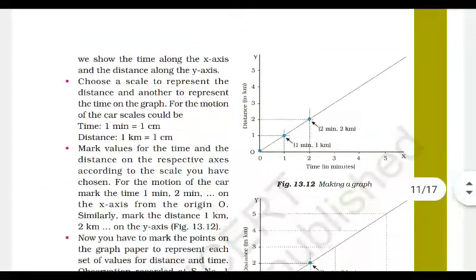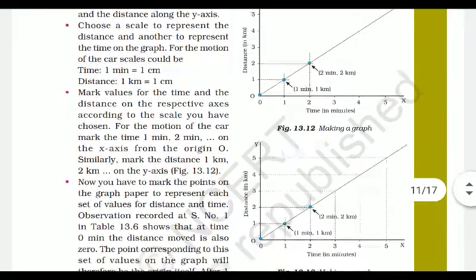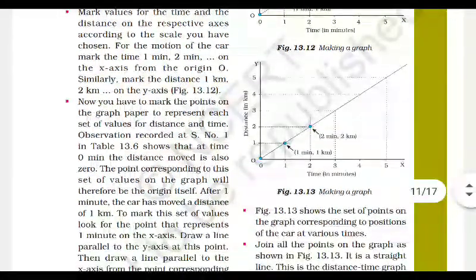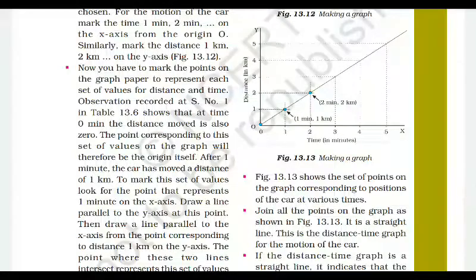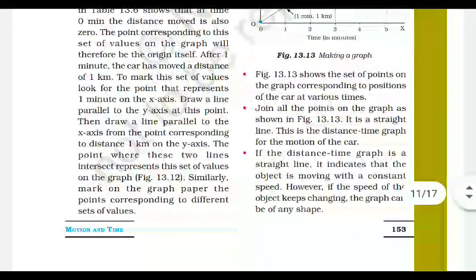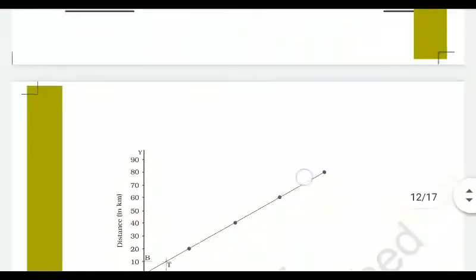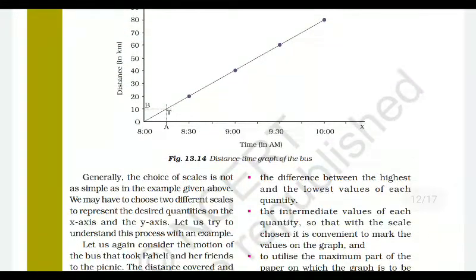Then choose a scale to represent the distance, like 1 minute equals 1 centimeter, 1 kilometer equals 1 centimeter. Mark the values of time and distance on the respective axes. Then you can plot the points and draw a line segment through them. So that's how you can prepare the graph.